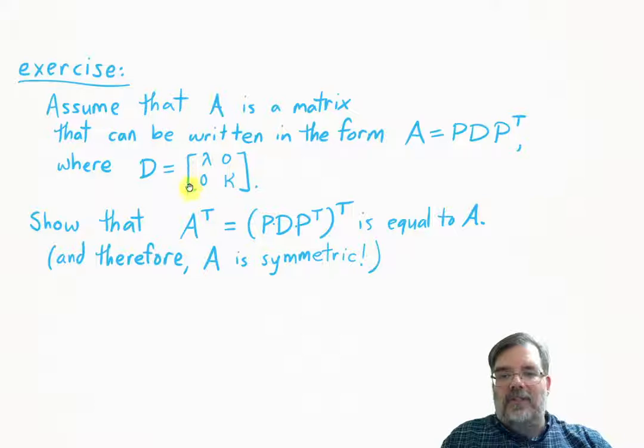The transpose of a diagonal matrix is going to be the same thing. You can check, if you switch the rows and columns of this, you'll end up with D again. Show how you can take those observations and show that this expression is equal to this, which is equal to A. And so we're thinking deeply about a lot of big concepts here.